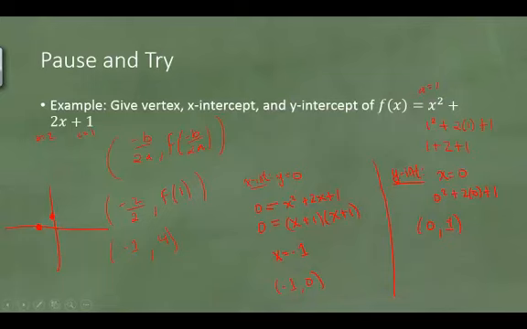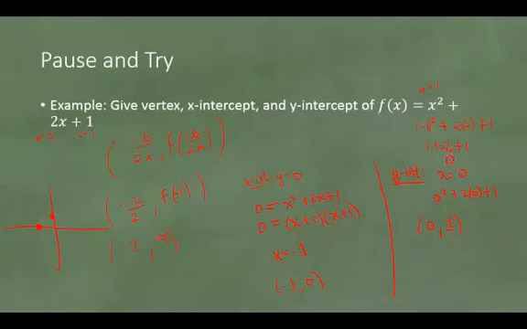Oh, hold on. Oh, this is supposed to be negative 1 here. Negative 1, which would have given you 1 plus negative 2 plus 1, which would have been 0.